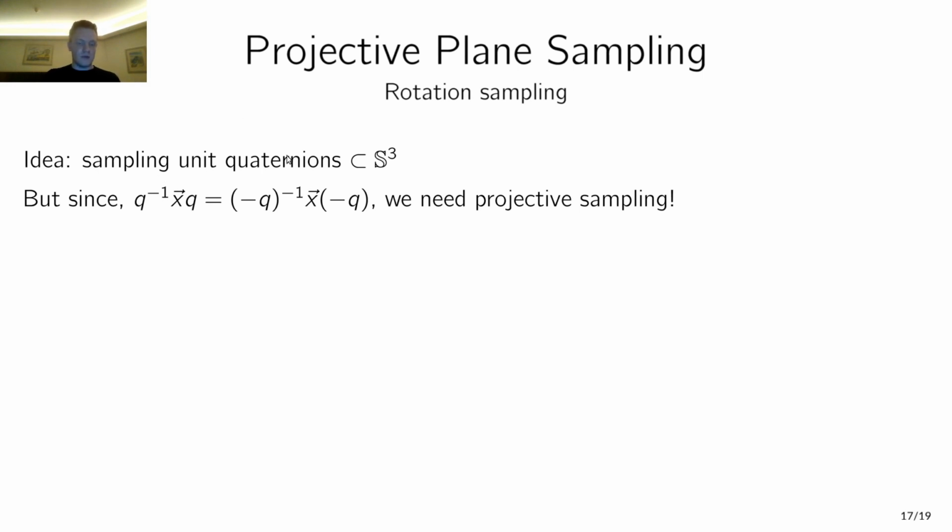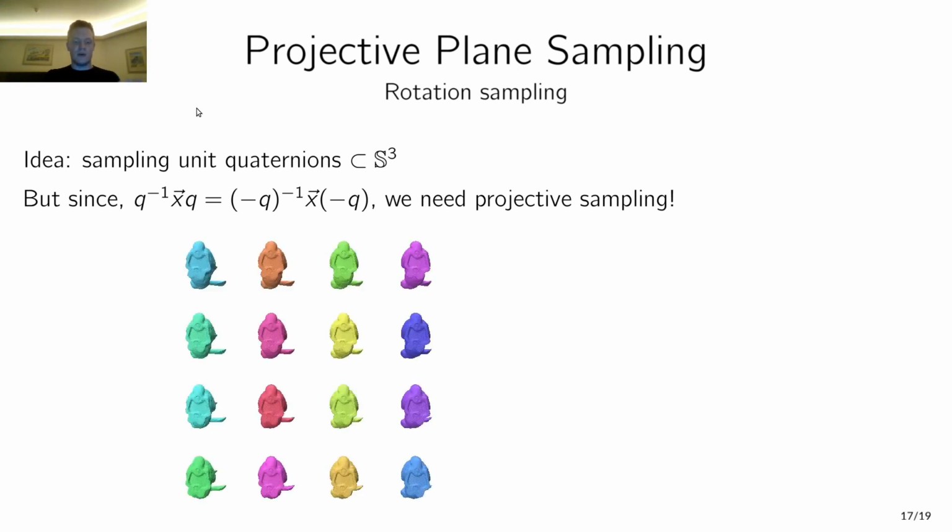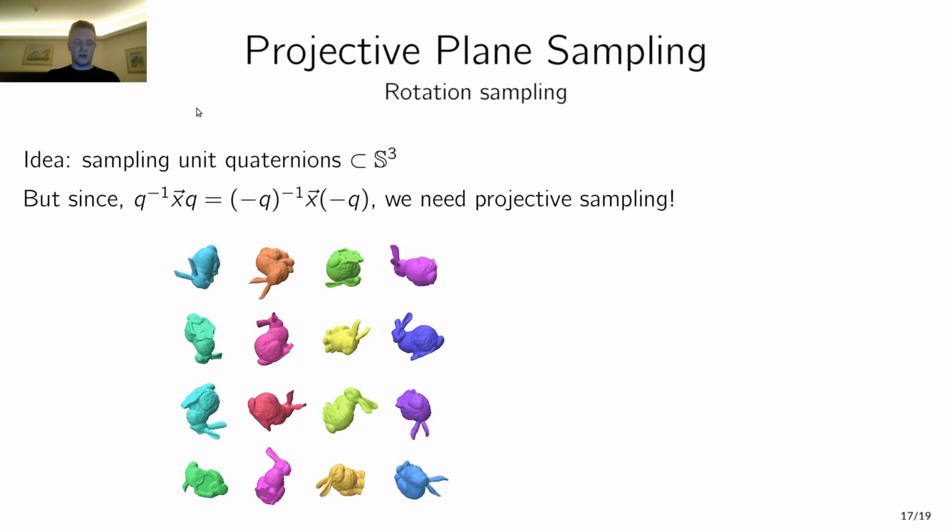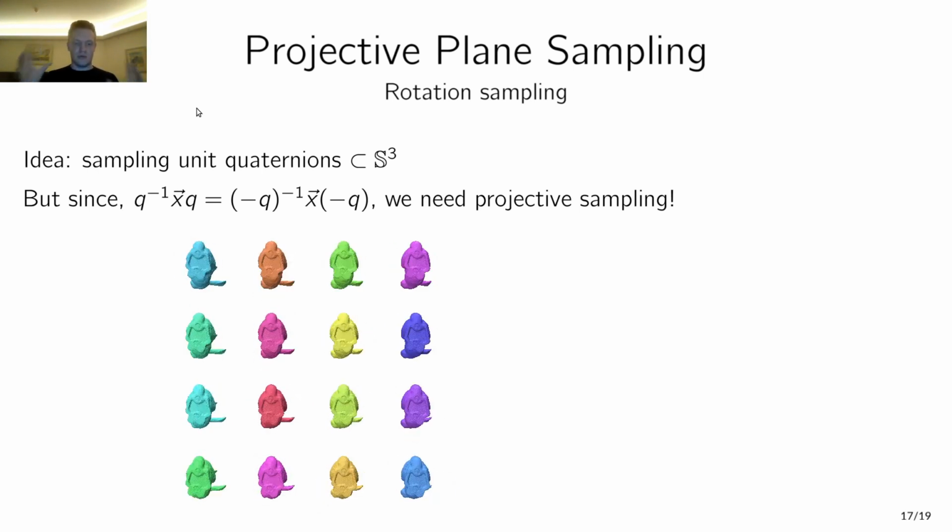Since Q appears twice in that product, the -1 cancels out and you get the same rotation. So that means that one quaternion and its opposite get the same rotation. So there is once again a sign equivalence problem, and if you do projective sampling on the four-dimensional sphere to sample those unit quaternions, you see that you can sample a blue noise uniform distribution of rotations.